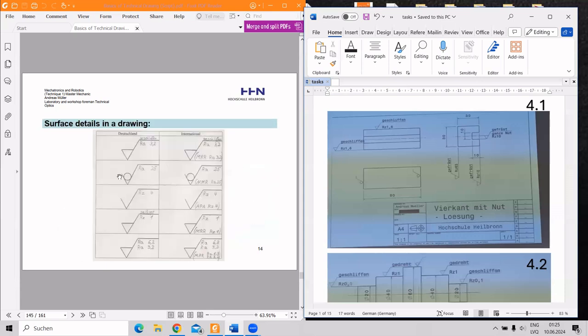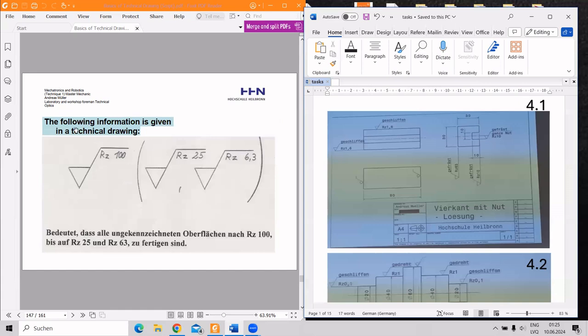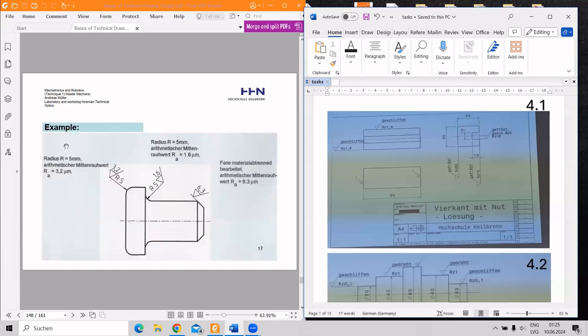That we won't use really. Here are some examples of designations in German and international surface specifications according to this parameter, and here's also an example.